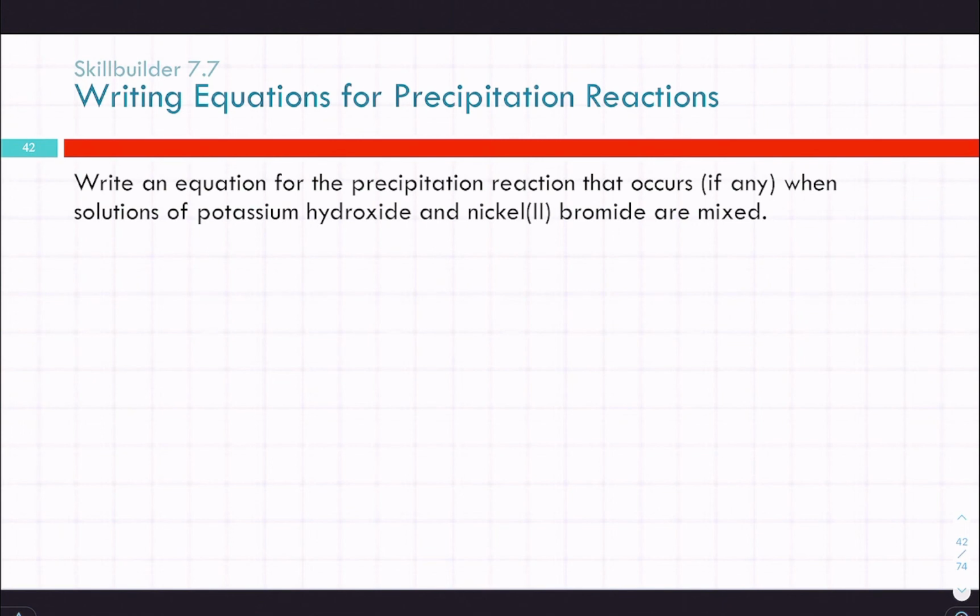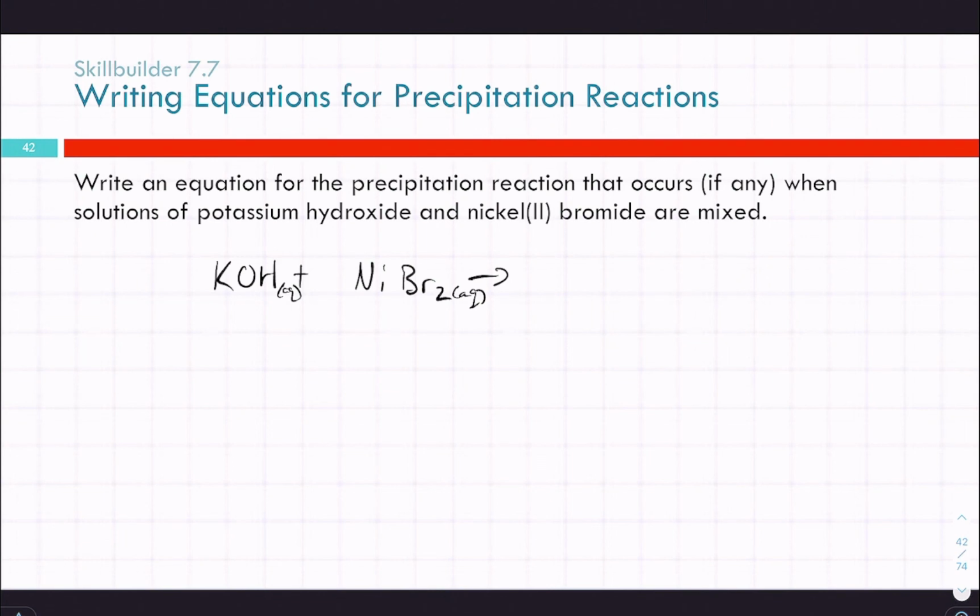Let's just very quickly do potassium hydroxide, KOH, and nickel 2 bromide. So those are our two reactants, and those are aqueous.